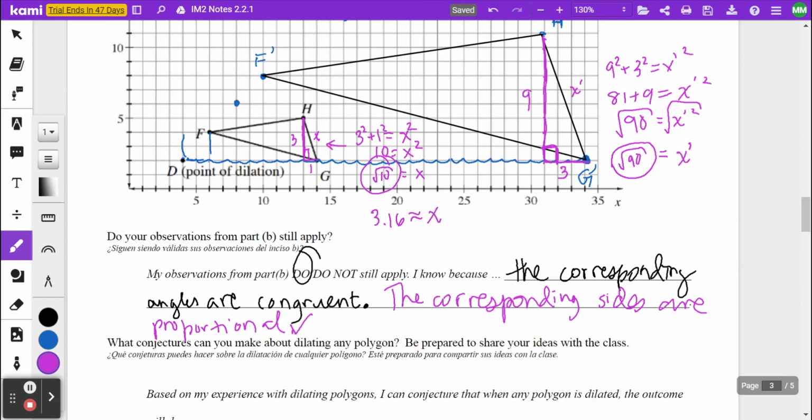And the square root of 90, according to my calculator, is about 9.49-ish. If I divide that by 3, that equals 3.16. Common scale factor, these corresponding sides are proportional. A delight. Let's continue.